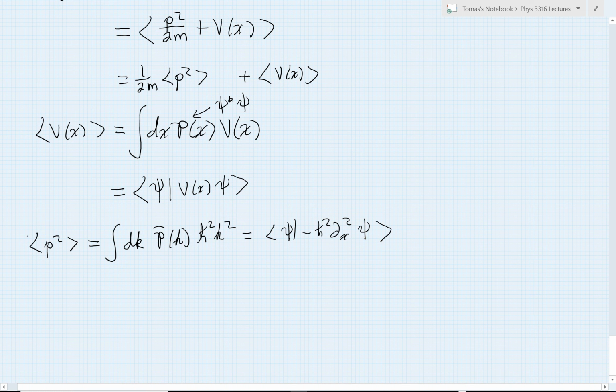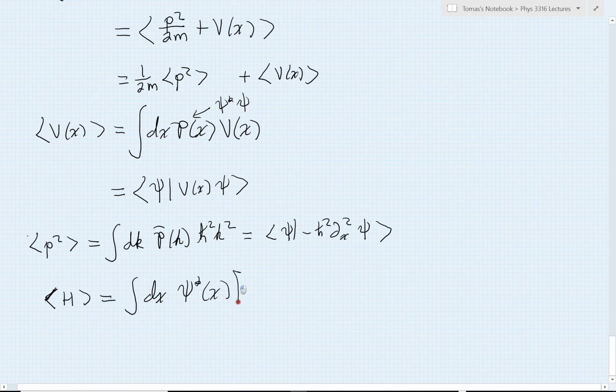And so then finally, if I combine this information, I realize the average of the Hamiltonian is going to be the sum of these two pieces, with an extra 1 over 2m going in the p squared piece. So when I sum those two pieces, I'll have the integral of psi star. Here, I'll write it out. Integral dx. That's what both of these inner products have, and they both have a psi star of x.